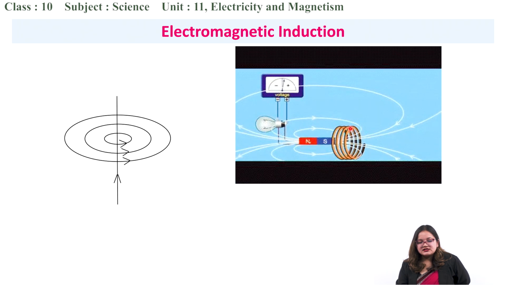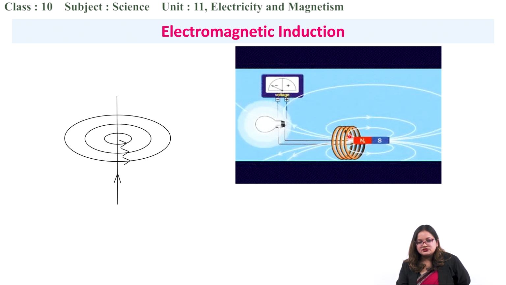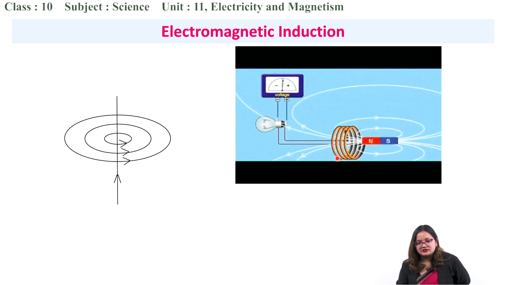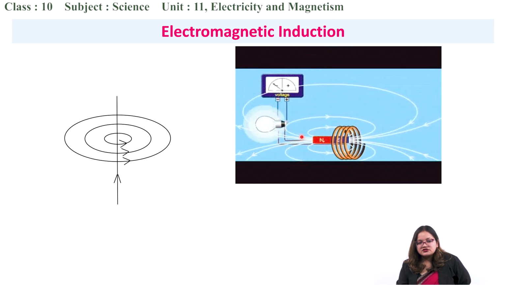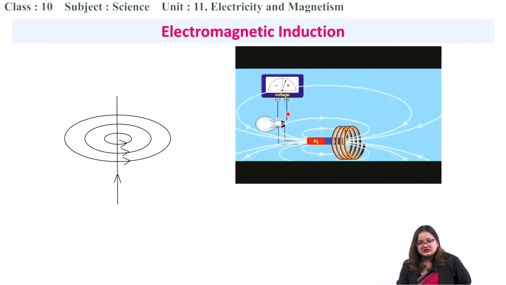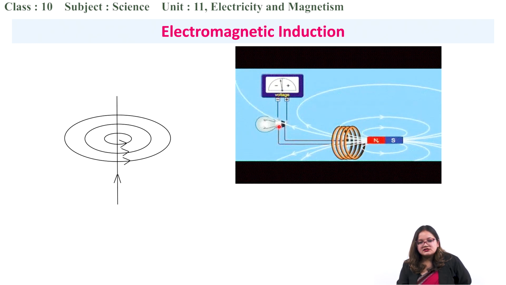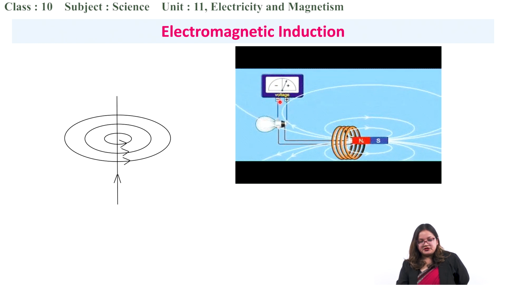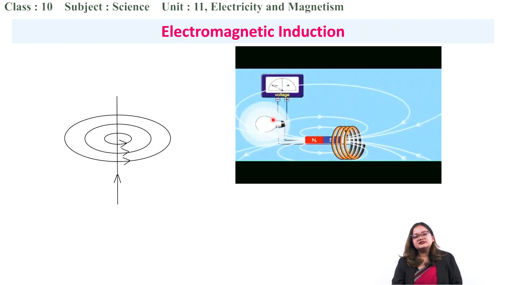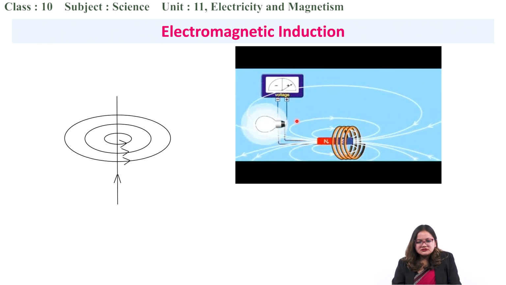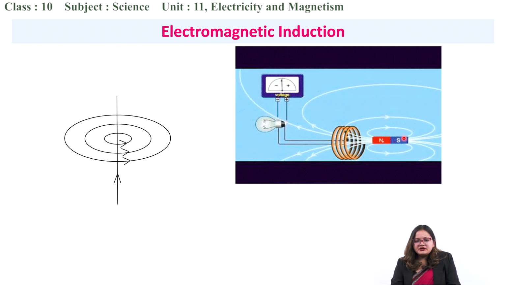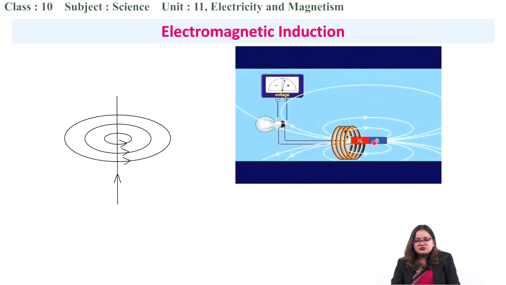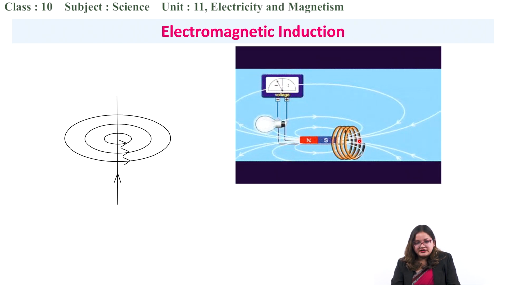Here you can see a solenoid, right? You are able to recognize a solenoid now, right? One end of the solenoid is connected to the positive terminal, another is connected to the negative terminal, and in between you can see there is a bulb. Now here you can see the magnet being moved inside this solenoid.